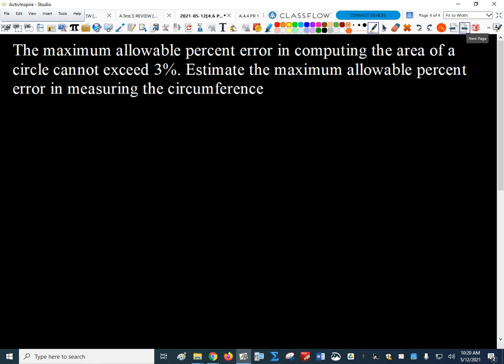The maximum allowable percent error in computing the area of a circle cannot exceed 3%. Estimate the maximum allowable percent error in measuring the circumference. So take a second and think about that one. Everyone, just try to wrap your head around that for a sec.